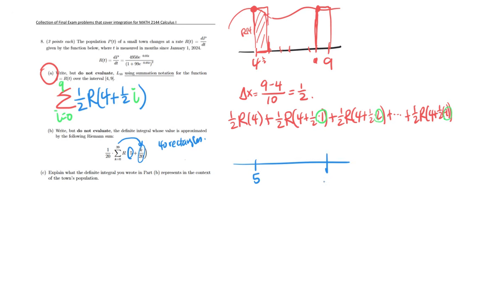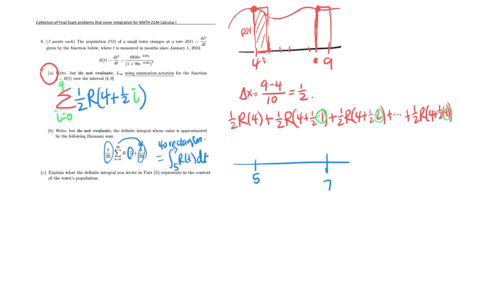So it's really 5 to 7, because it's 5 plus 2, essentially. This is a left-hand Riemann sum with 40 rectangles, and the number of rectangles is 40. So each rectangle is 1/20th. So this is going to be the integral from 5 to 7 of r of t dt.